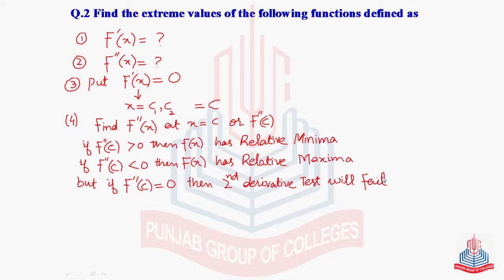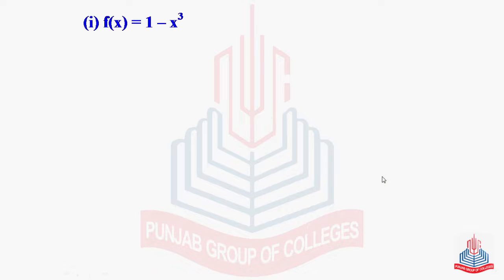Now our first part is f of x equal to 1 minus x cube. We will find the extreme values of this function by applying the procedure which we already discussed.